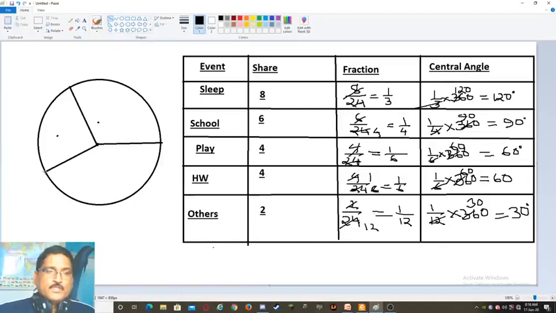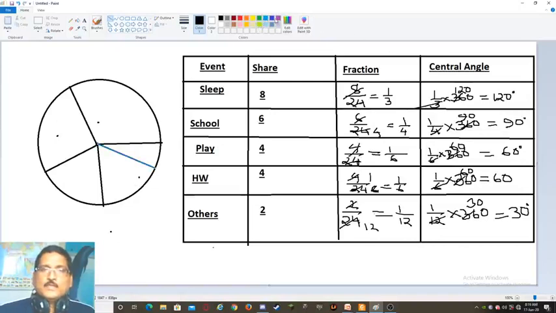This is perpendicular to this line, 90 degree, and then 60 degree is for what? Play, this is 60 degree for play. Another 60 degree is for homework, and the remaining part will be for others.